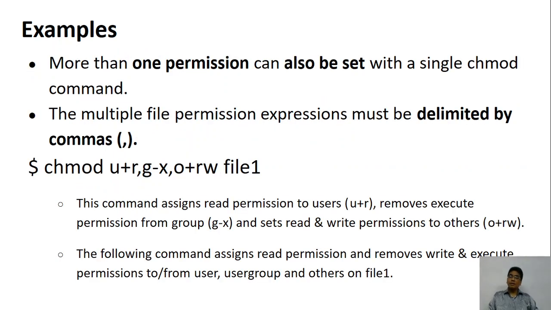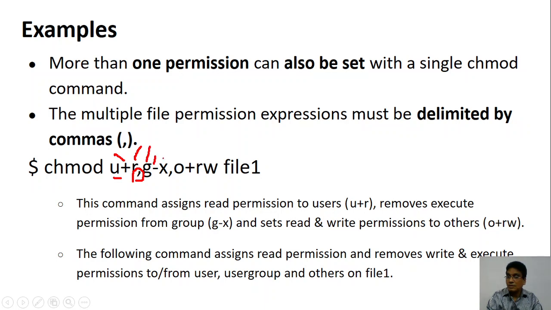Okay, again, if you want a combination of permissions, you can always use more than one permission, but the permissions must be separated by a comma. For example, you can specify here user plus, meaning add read permission, then you have the comma indicating the next permission.